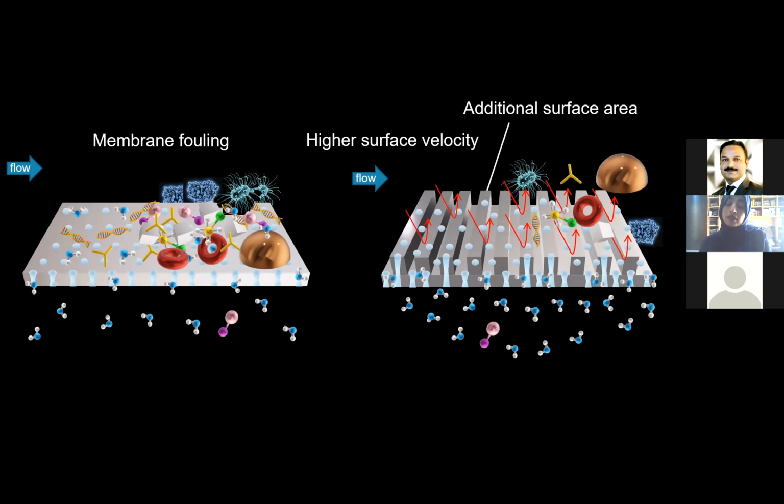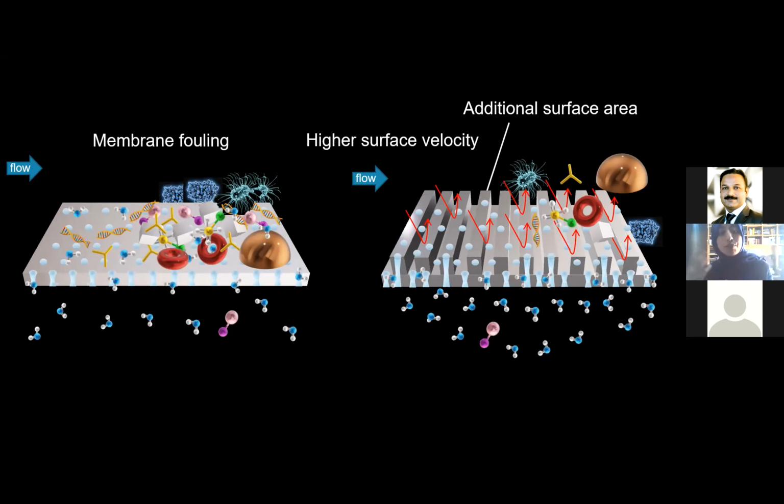So there are a number of different methods to create these surface structures on the membranes, while the method we used was actually a modification of the conventional phase inversion process, which I'm hoping you had an introduction to at some point, or you might be working with phase inversion.